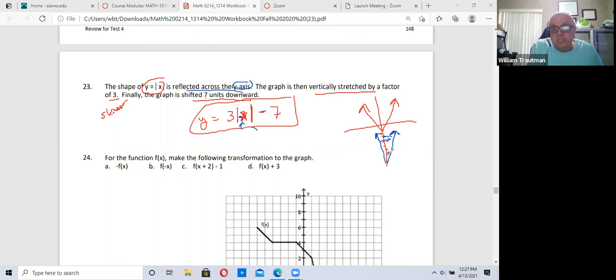So all it really is is down 7 and skinnier. Reflected on the y-axis, it looks the same on both sides because they're a mirror image of each other. But since we said it's reflected on the y-axis, you have to put the negative in there. All right, so this is the equation, and this is the graph for that.